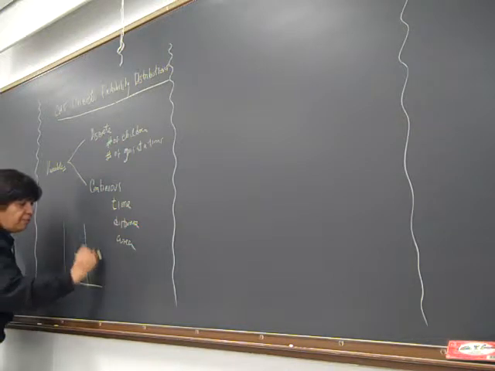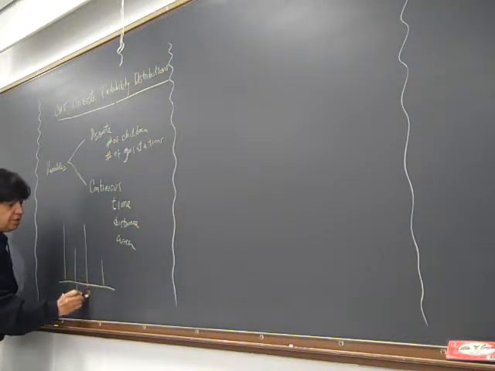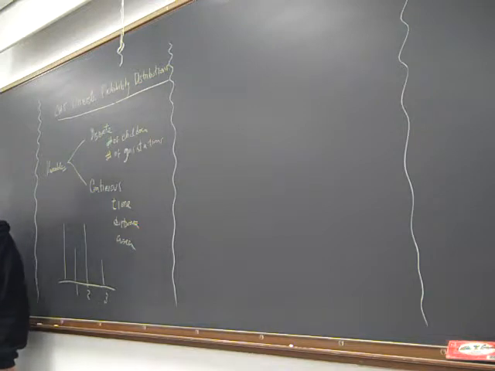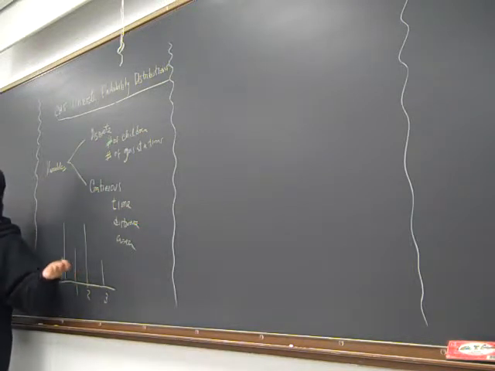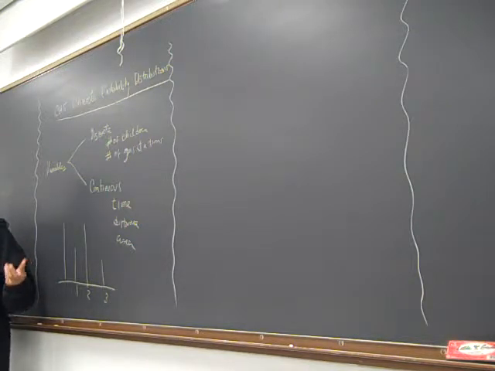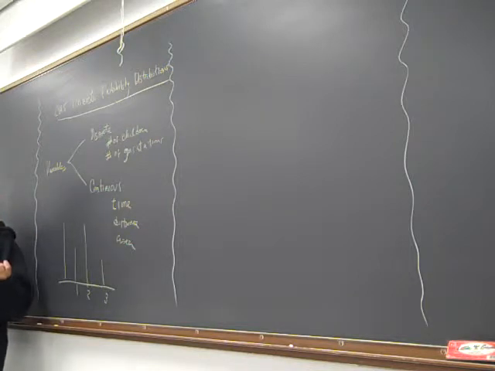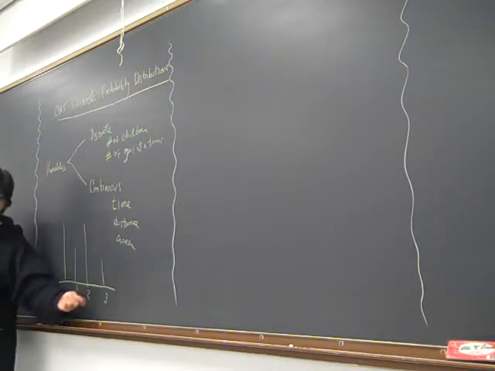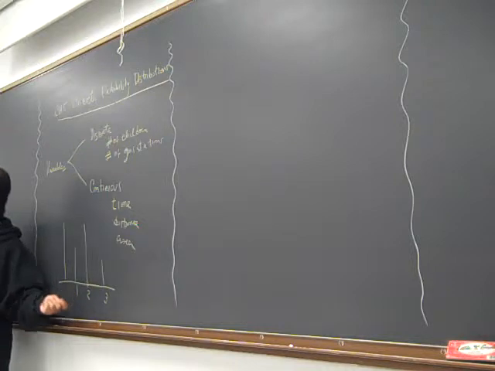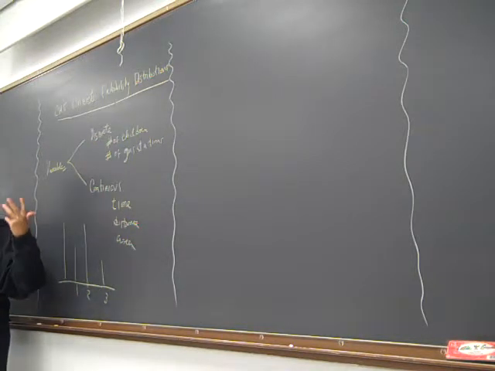So I have 3 values for this variable, 1, 2, and 3, whatever variable it is. The variable can take these values randomly, based on probabilities. The probabilities give you the frequency with which that variable is going to take these different values, and this is the distribution of the probabilities for that random variable.